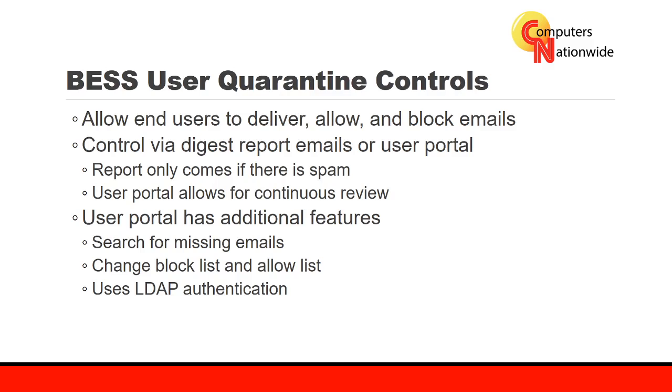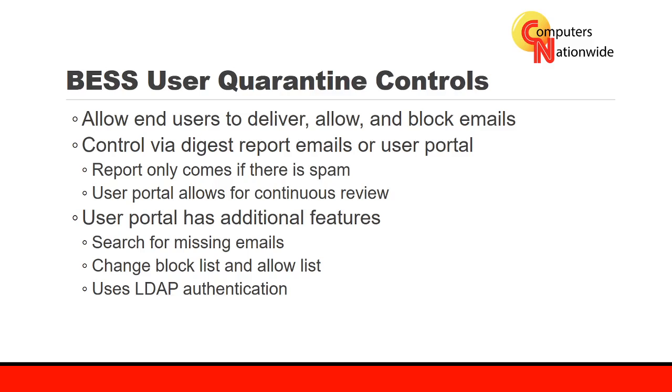So the user portal allows you to do things like search for missing emails, or if you lost a copy of your digest report email and don't recall if something did get caught in spam, you can just jump into the user portal and search for it.